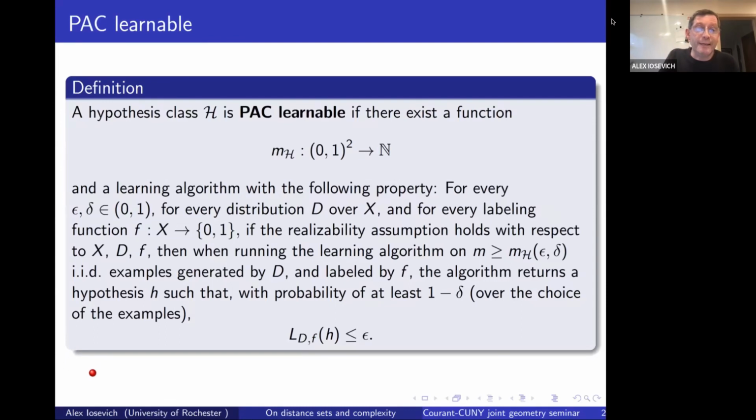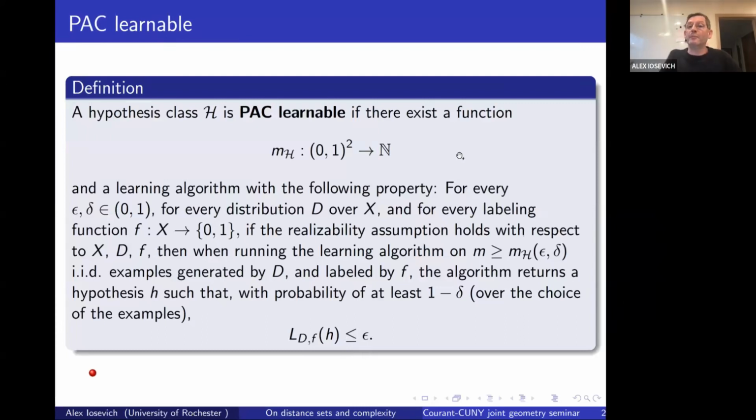For every epsilon and delta, for every probability distribution, and for every labeling function, if the realizability assumption holds, meaning that in your bag you have the correct labeling function, then when running the learning algorithm on this many samples, identically generated by D and labeled by f, the algorithm returns a hypothesis H such that with probability 1 minus delta, the error is less than epsilon.